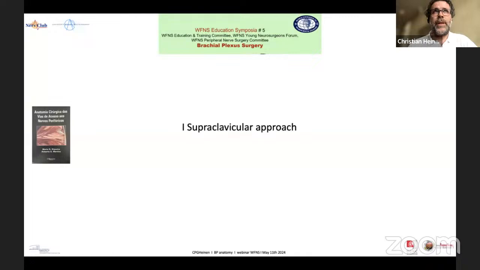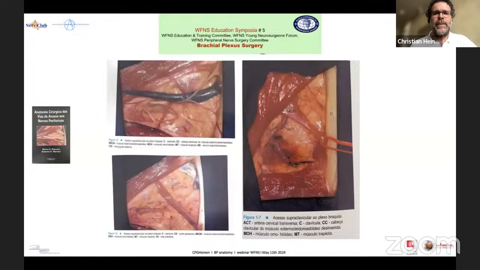These are the two structures that are elementary for getting to the plexus, and this is where the incision usually is placed. This is from the book of Mario and Roberto. This is medial, this is lateral, this is cranial, and this is caudal.